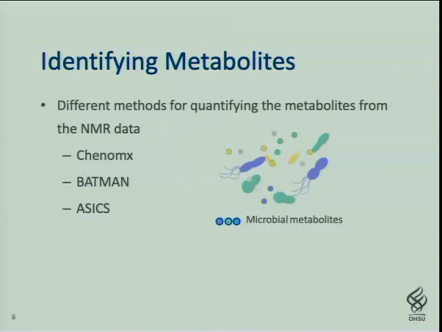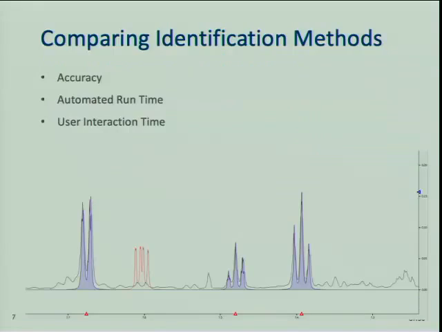But in a call for more open source materials, there are two new open source programs that are run through R, Asics and Batman. I really wanted to compare how these programs analyze the data. To do this, I looked at accuracy, automated runtime, and user interaction time.